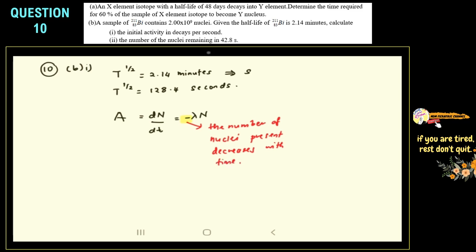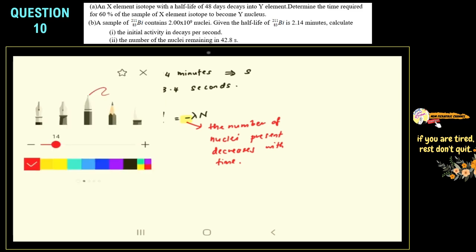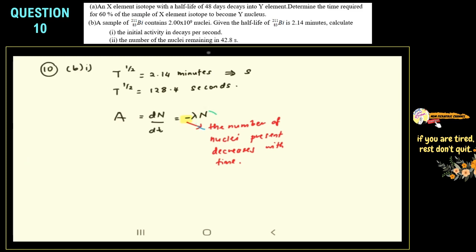Remember lambda is the decay constant, and how to calculate it? Lambda is equal to ln 2 over half-life. In this case we put in terms of seconds, 128.4. Therefore, lambda is equal to 5.4 exponent negative 3 per second.